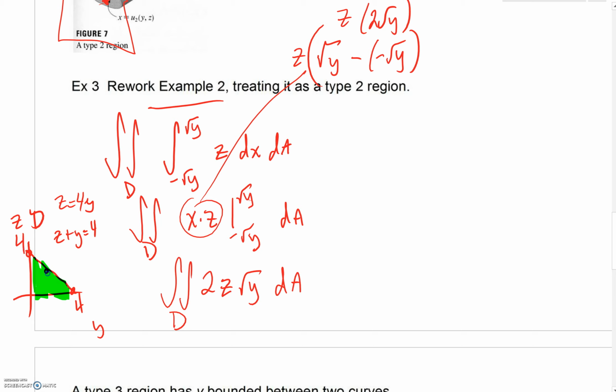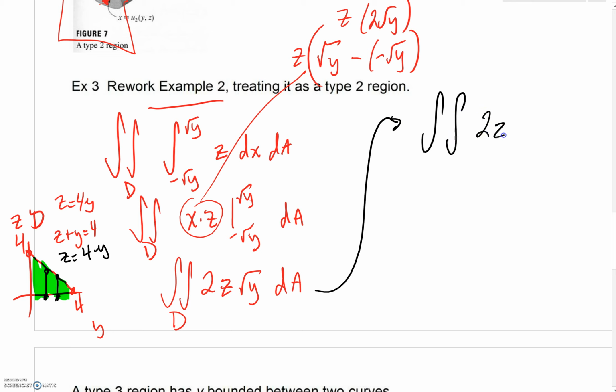But if I just drew in vertical bars here, you could see that our z would always be contained within an upper and a lower boundary. And I'm going to really make use of that real quickly.